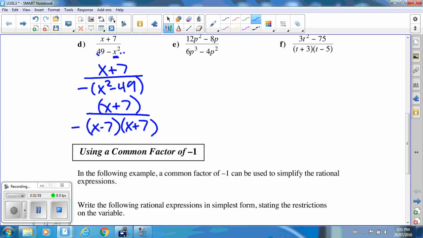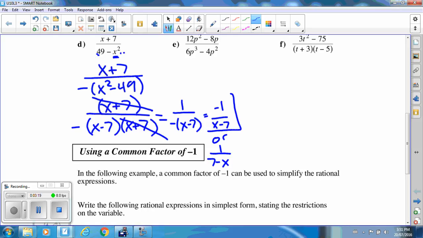And now my x plus 7 factor can cancel with my x plus 7 factor, leaving 1 over negative x minus 7, which is -1 over x minus 7, or 1 over 7 minus x. Either of those things is true. I would argue it's better to do this because you are less likely to get mixed up in other places.